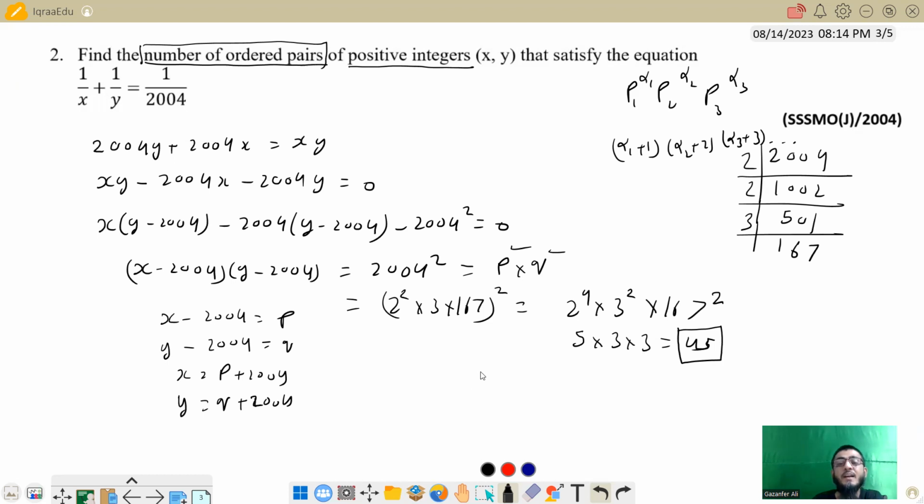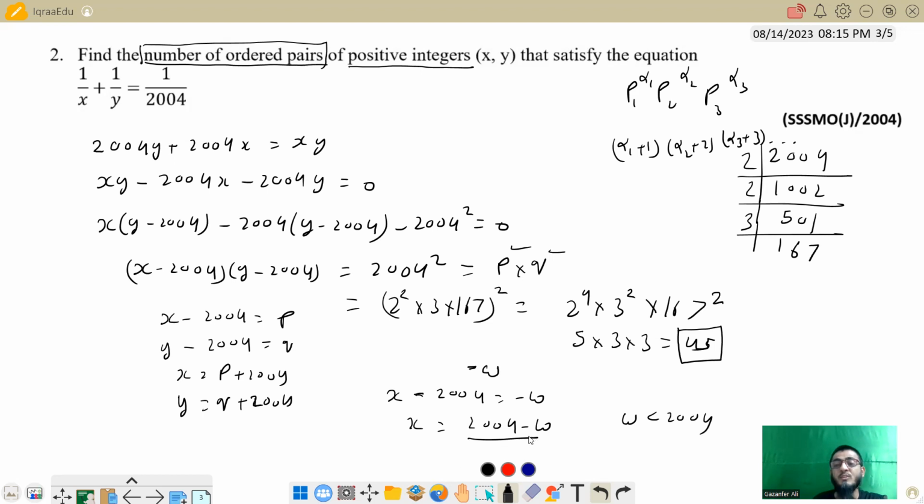So let's say I take a negative factor. Let's say W is a negative factor, so this is minus W. If X minus 2004 is equal to minus W, then X is equal to 2004 minus W. So if W is less than 2004, X will be positive.